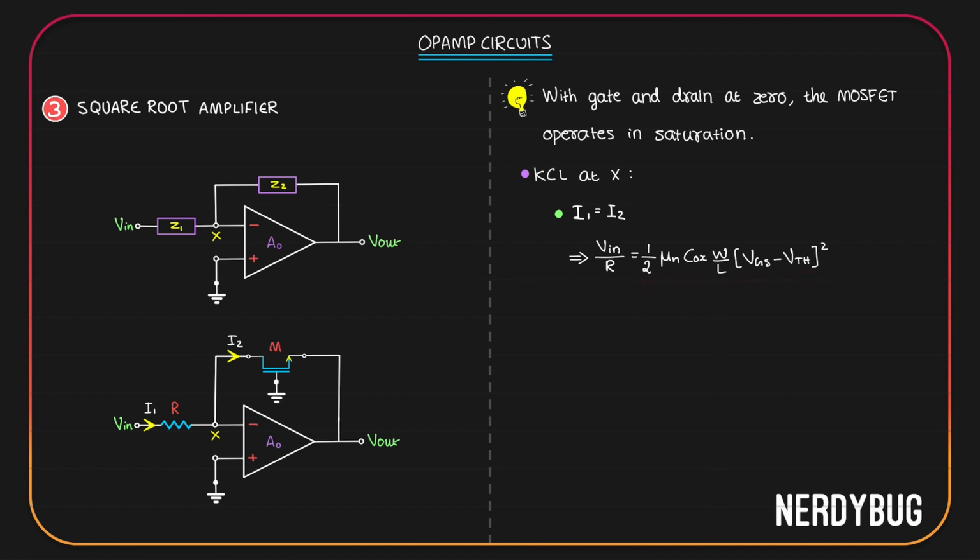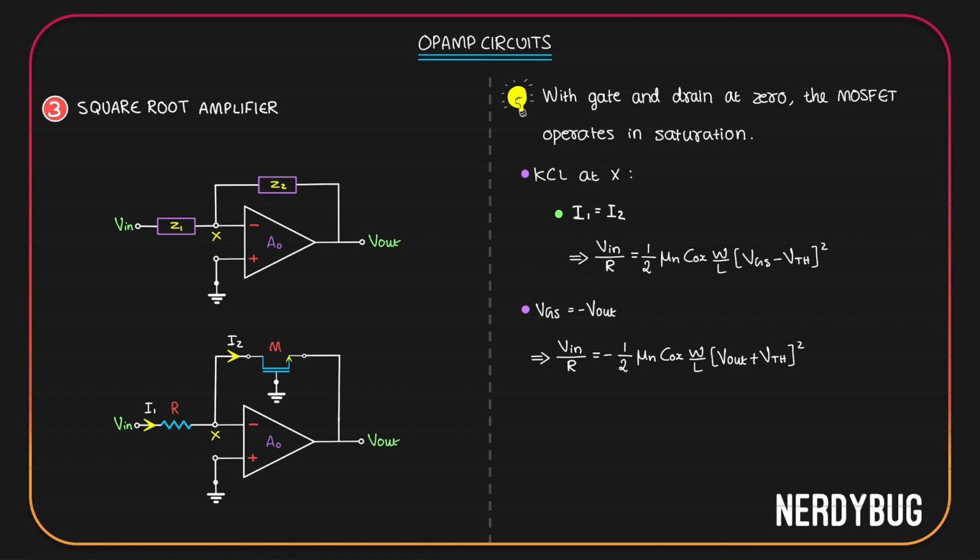In this expression, we have VGS, the gate source voltage. Potential at gate is 0. Potential at source is V out. So VGS or VG minus VS is 0 minus V out or negative V out. Let's replace VGS with negative V out. What we want is an expression for V out.